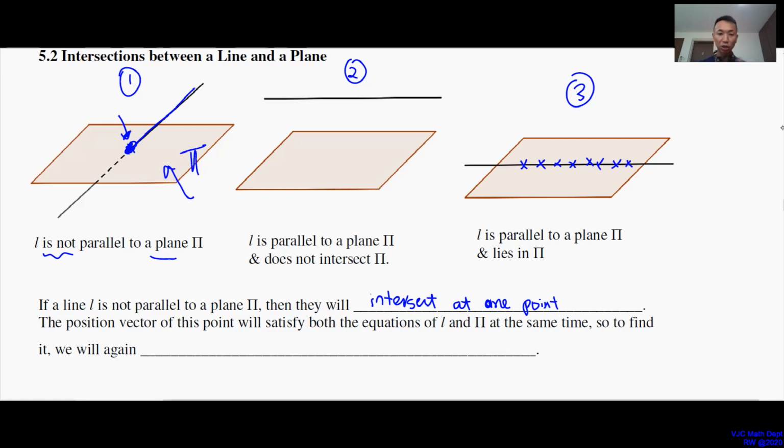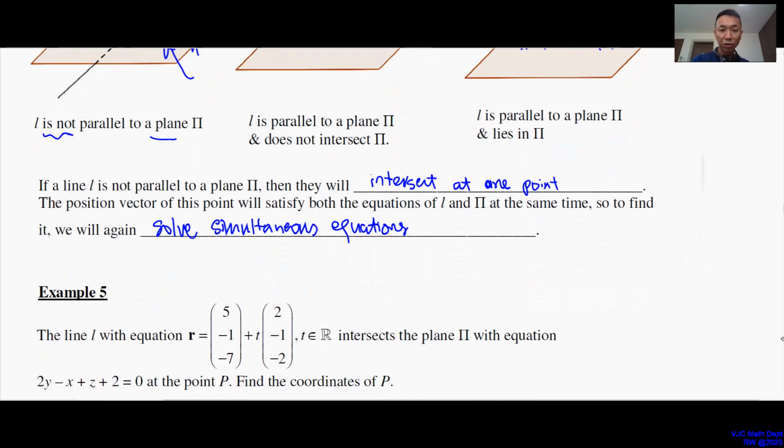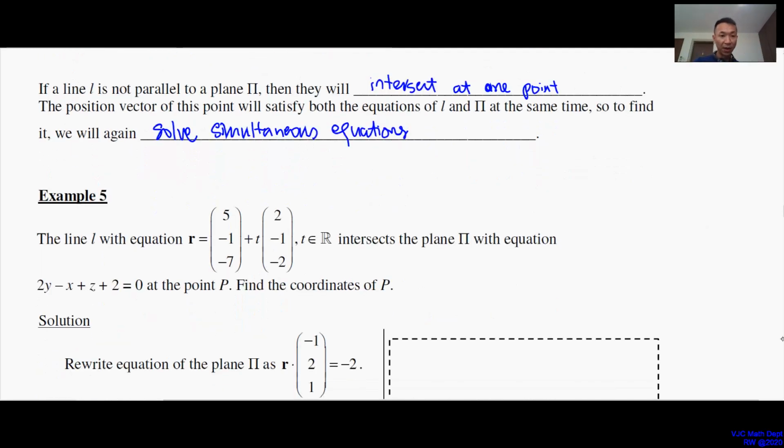So clearly the position vector will satisfy both equations. So in order to find this position vector, all we need to do is to solve simultaneous equations. Right? Let's demonstrate it in example 5.